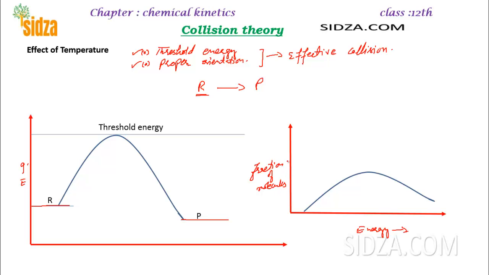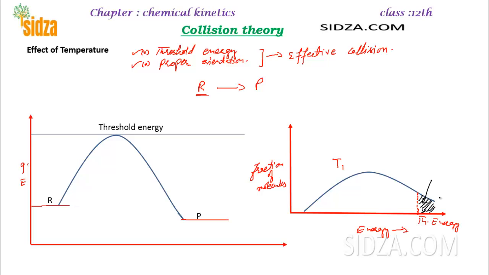If you plot a graph between the fraction of the molecules and the energy, suppose this is the threshold energy. The area under this graph here represents the molecules possessing the threshold energy or more than that.